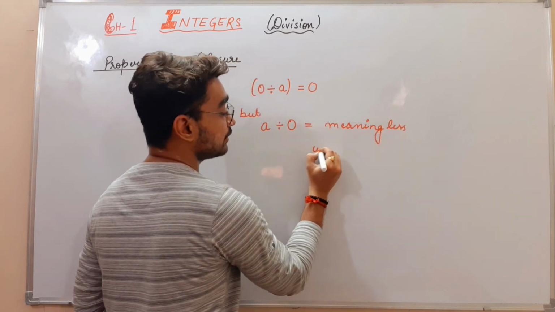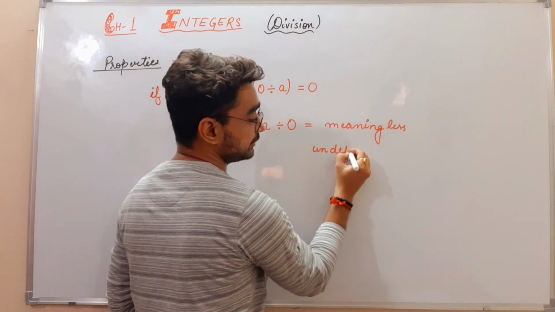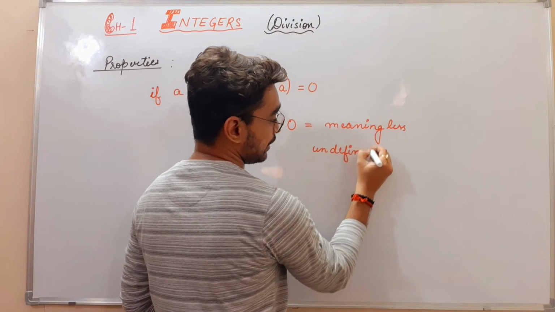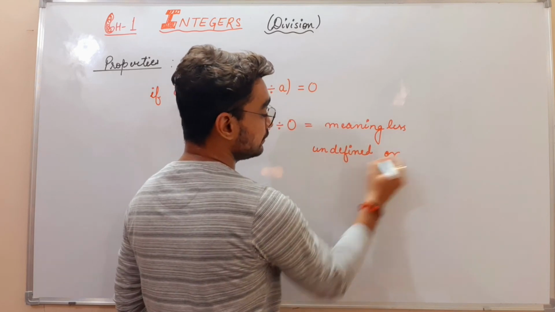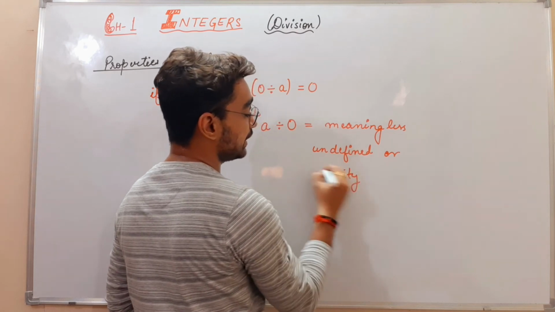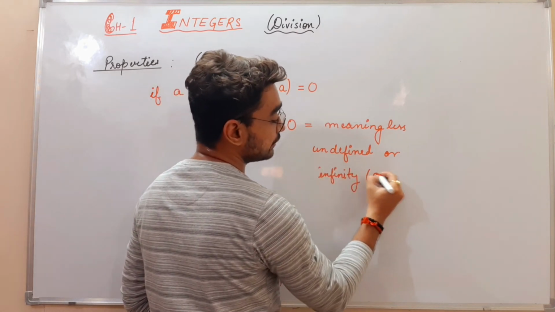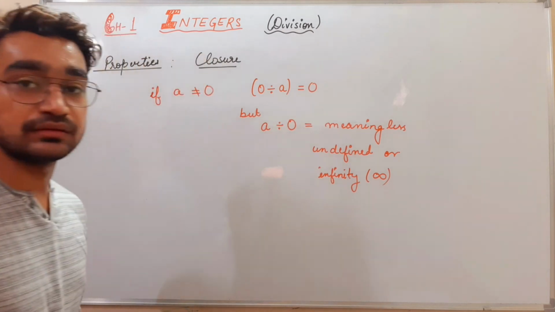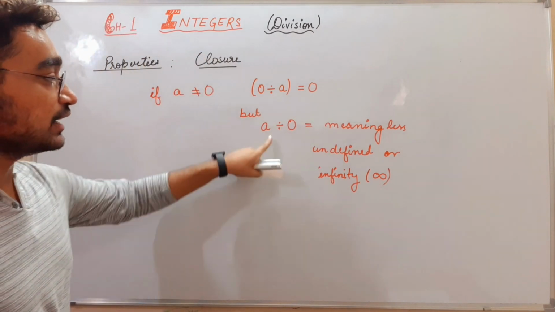Or we say that it is undefined. Or we can call it infinity, and the symbol of infinity is like this. This is the symbol of infinity. Means A divided by 0.